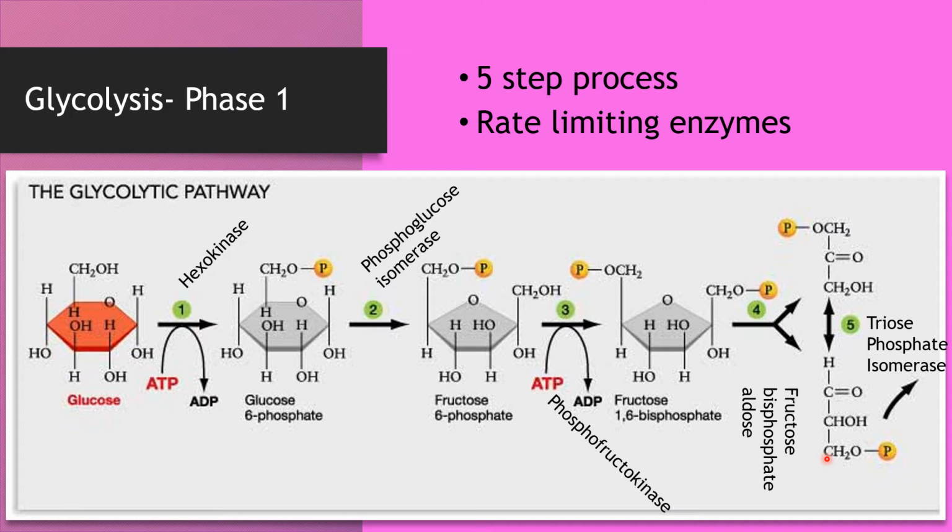And this moves right on into step 5, where it uses this isomerase to change this to this so that it can be used further on in the glycolysis steps. Just to look back and remember, we used 2 ATPs to perform the first phase of glycolysis.